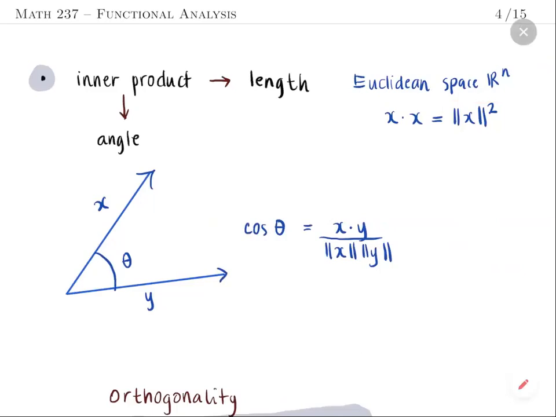So in calculus, let's say you have a vector x and a vector y, you could calculate the angle between these two vectors just by taking the cosine inverse of the inner product of the two vectors divided by the product of the norms, of course, provided that neither of the vectors is 0. So you see here, you have the inner product.